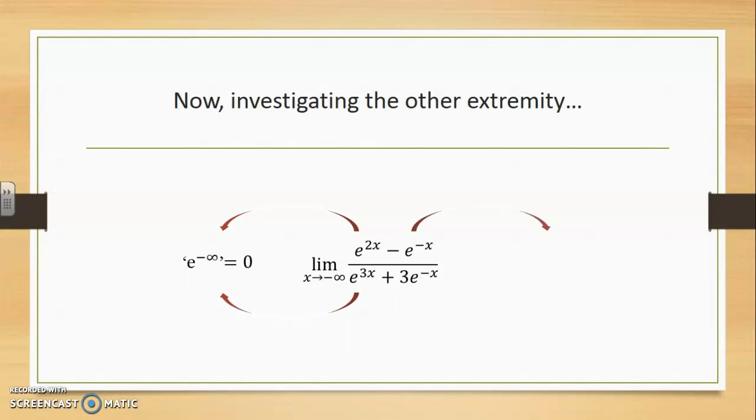E to the minus x, with an x value going towards minus infinity, and 3e to the minus x, with x going towards minus infinity, generate e to the infinity forms. So this time, we do get an infinite over infinite ratio, but caused by the last terms of the numerator and denominator.